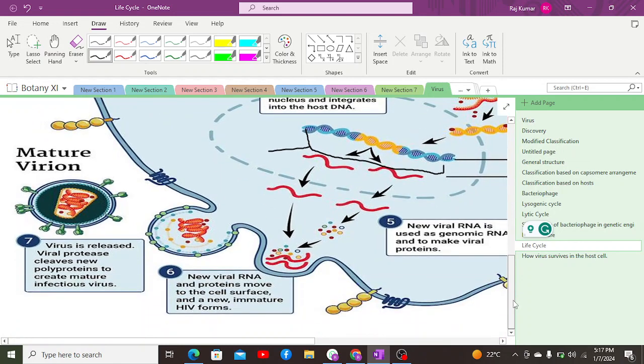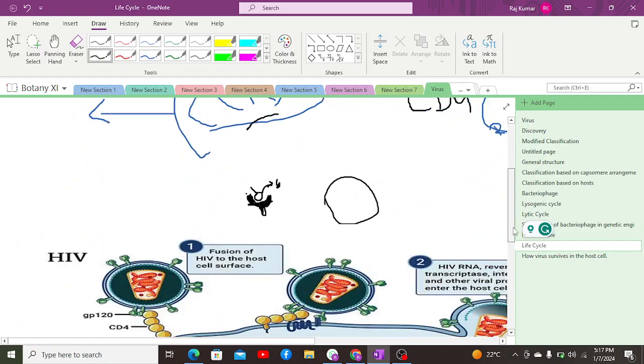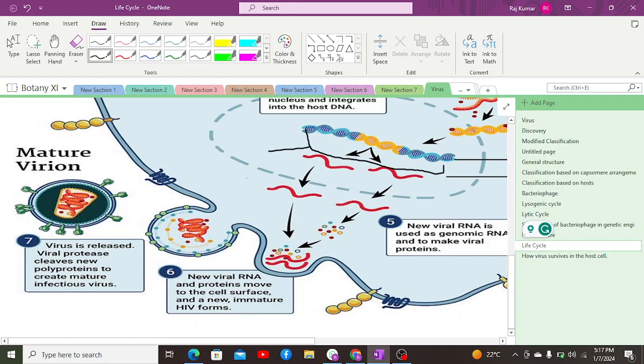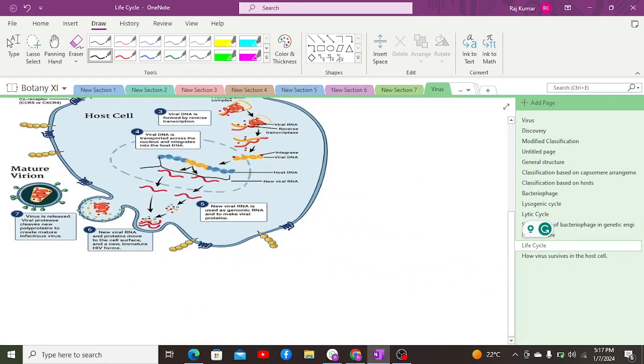Moreover, the mature HIV virion then further infects other cells alongside bursting or making the infected cell non-functional. As a result of this function, it completes the HIV cycle.